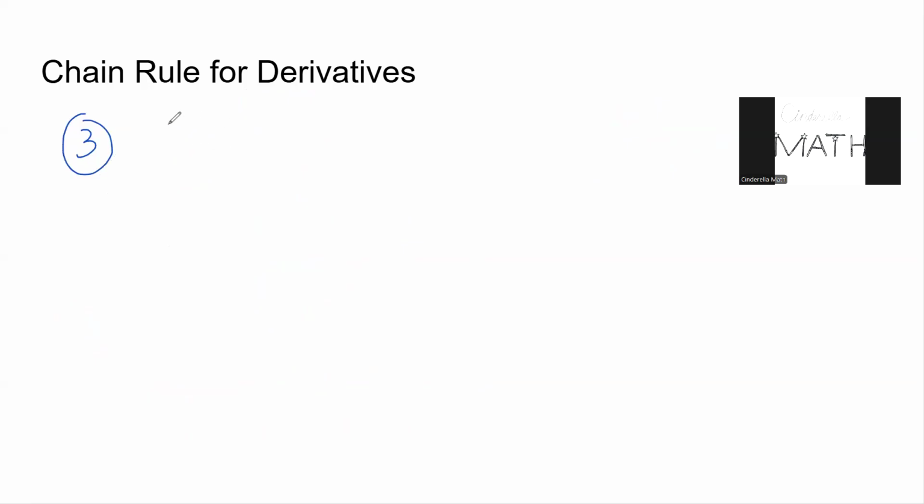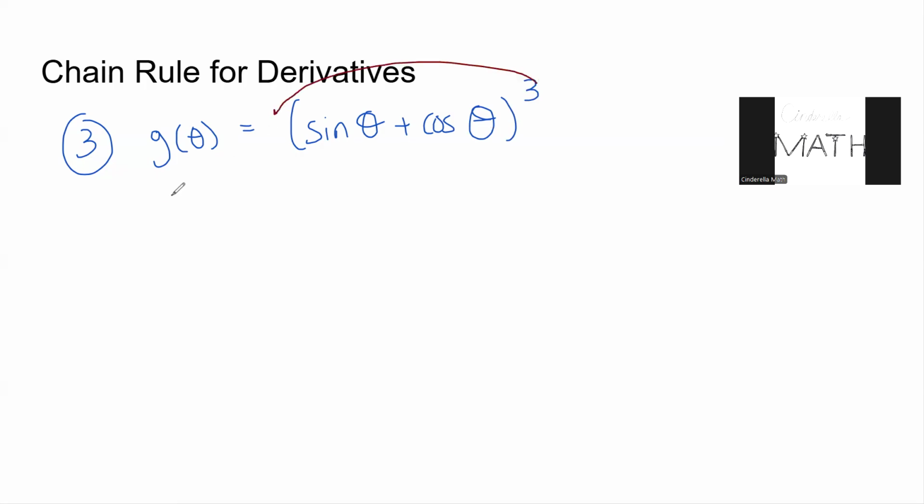3, let's do some trig. We have g of theta is sine theta plus cosine theta, all of that cubed. So again, ignore the inside for a second. Let's drop this down. So g prime would be 3. Keep the entire parenthesis as you see it. Drop that down by 1, so squared, times what is the derivative of the inside.